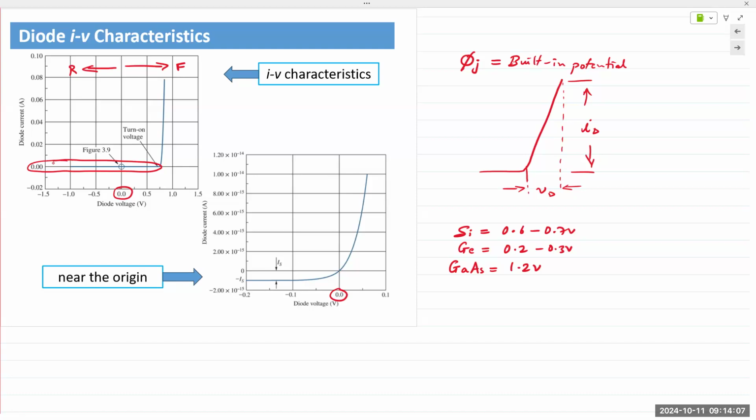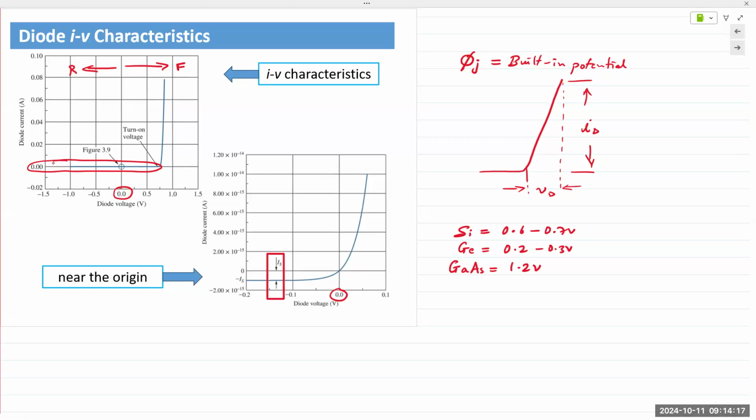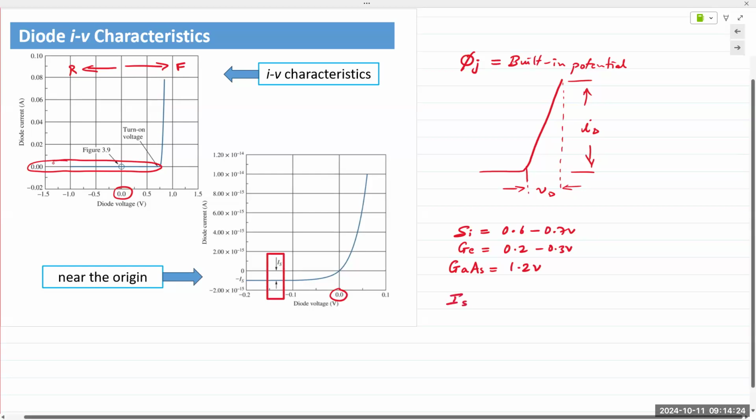We will look at that in the next few slides, but right now, if we zoom into this characteristic, we can see there is a small current that is flowing on the order of picoamps and femtoamps. And IS is known as the saturation current. Okay, saturation current.